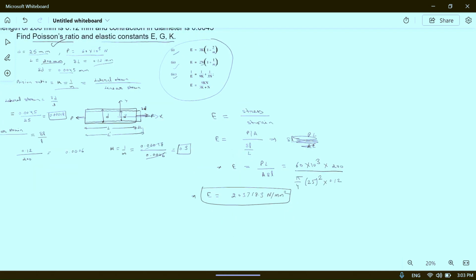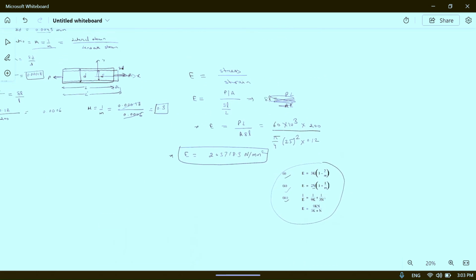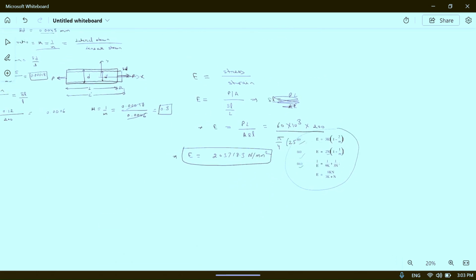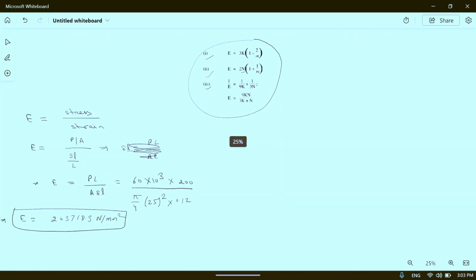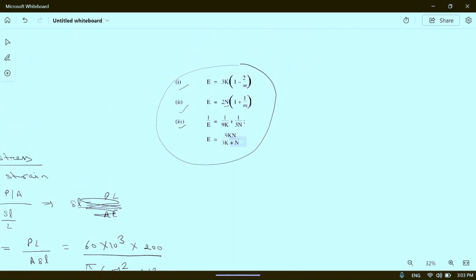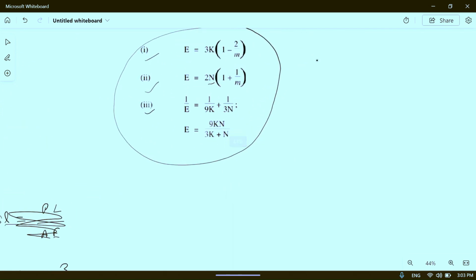Now we have these formulas with us. We have calculated Poisson ratio 1 by m, or mu, equal to 0.3, and we have E equal to 203718.3.